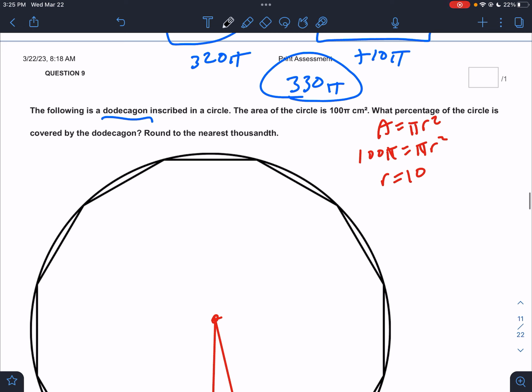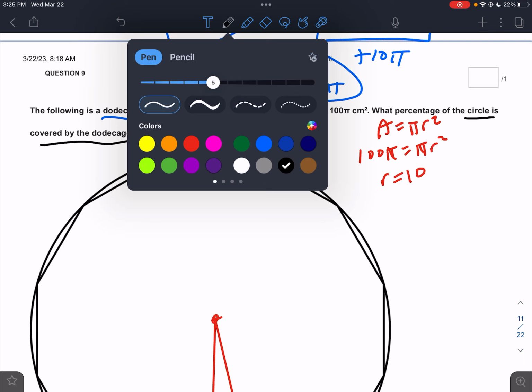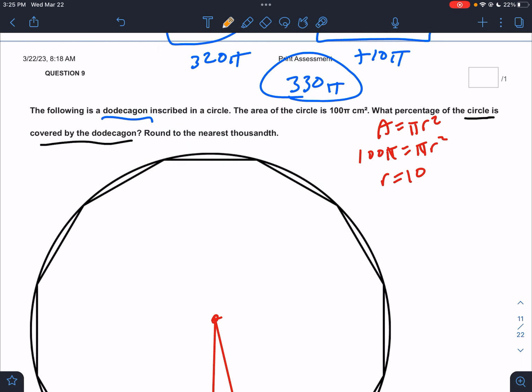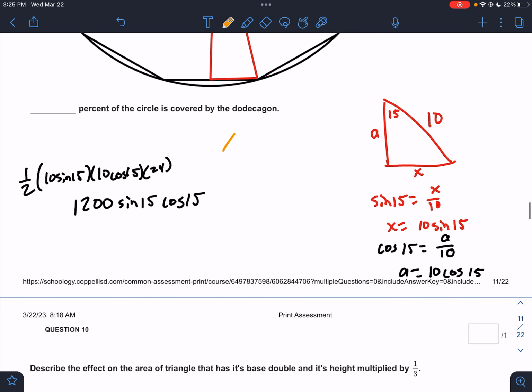But they want the percentage of the circle covered by the dodecagon. So if you remember, percentage equals part you care about divided by the whole times 100. So the percentage here is going to be the dodecagon divided by the circle times 100.